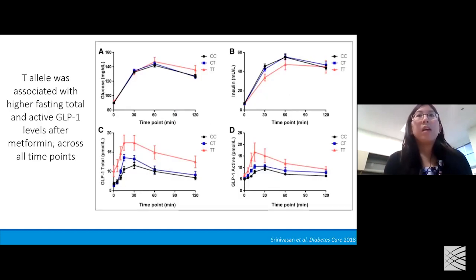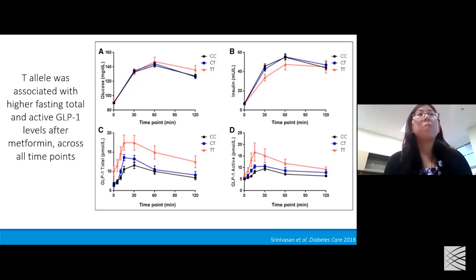Here, we found that the T allele of the TCF7L2 variant was associated with no major changes in glucose or insulin, but higher fasting total and active GLP-1 levels. GLP-1 is an incretin, or gut hormone, that is released after eating and augments the secretion of insulin from the pancreatic beta cells through a glucose-dependent mechanism.